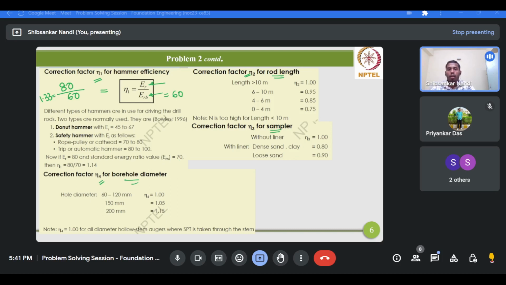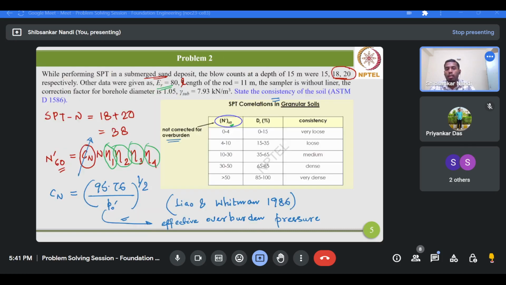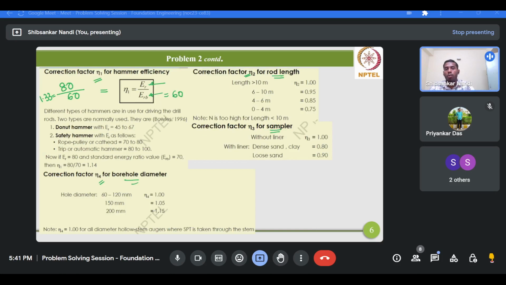Now coming to rod length. For different rod lengths you will have different correction factors: 0 to 4 meter, 4 to 6 meter, 6 to 10 and greater than 10. Now since the given rod length is 11 meter and it falls in this category, the correction factor would be 1.